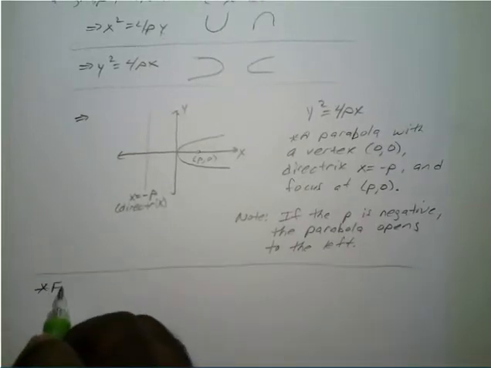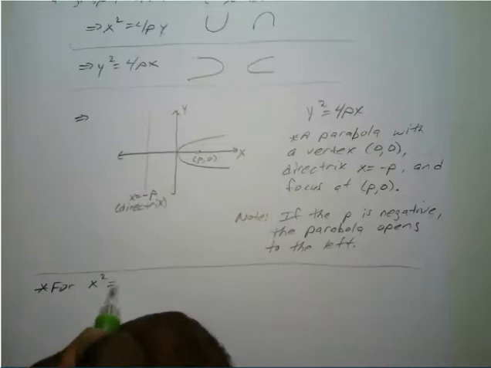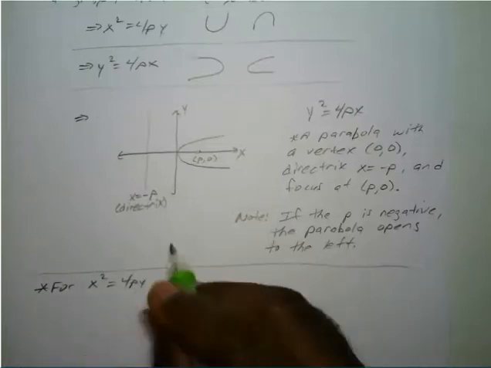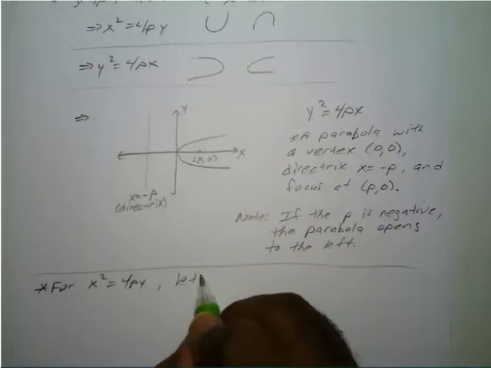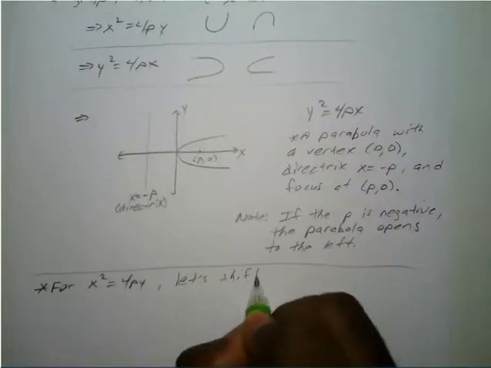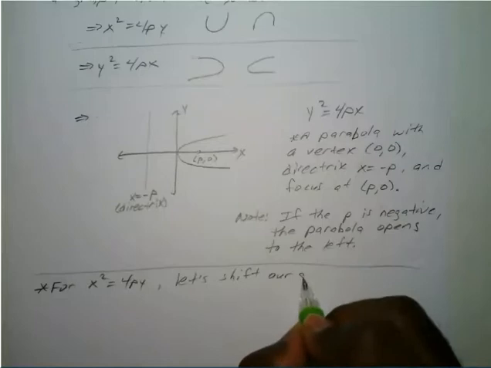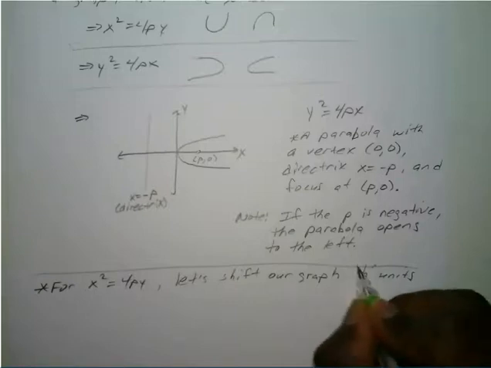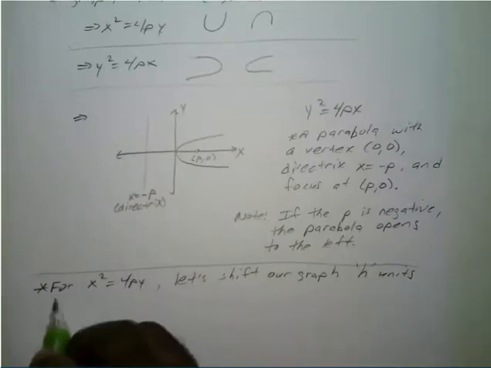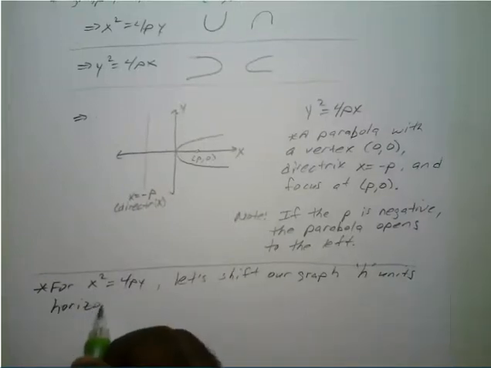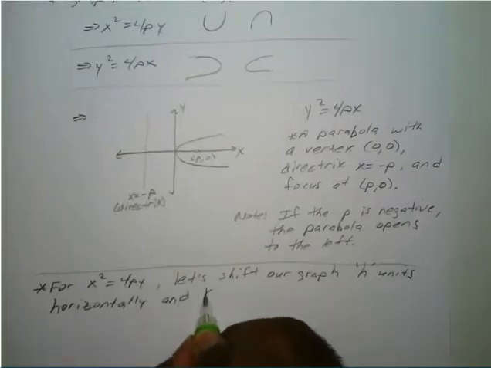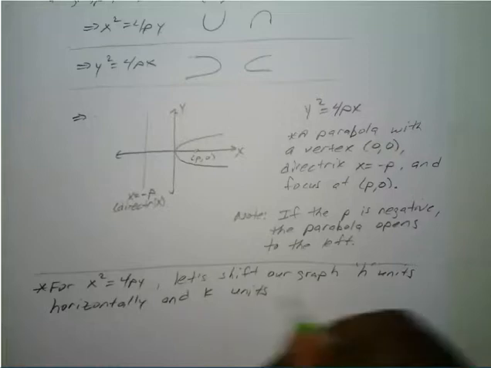And that means for x squared equals 4py, let's shift our graph h units horizontally and k units vertically.